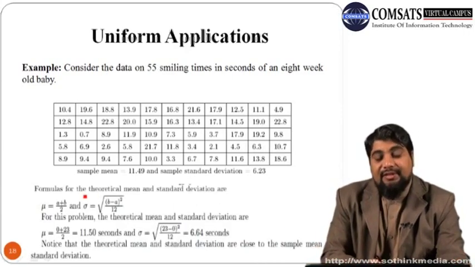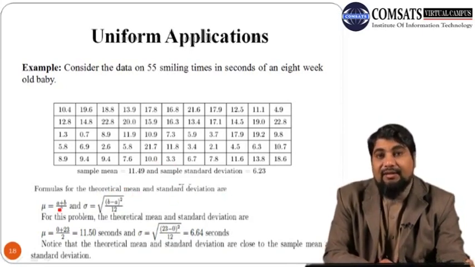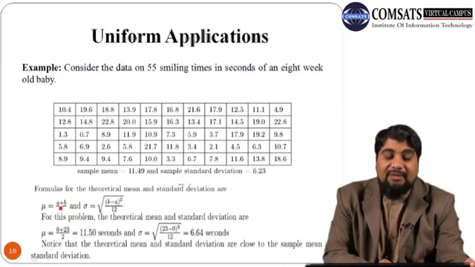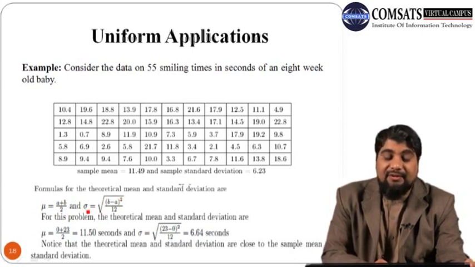So note the theoretical mean or the true mean and standard deviation. In the case of uniform distributions, the mean is A plus B over 2 and the variance is B minus A whole squared over 12. If we take the square root of the variance, we get the standard deviation or sigma.